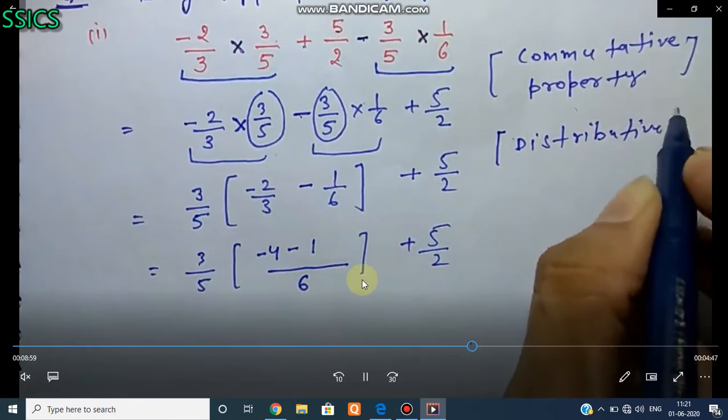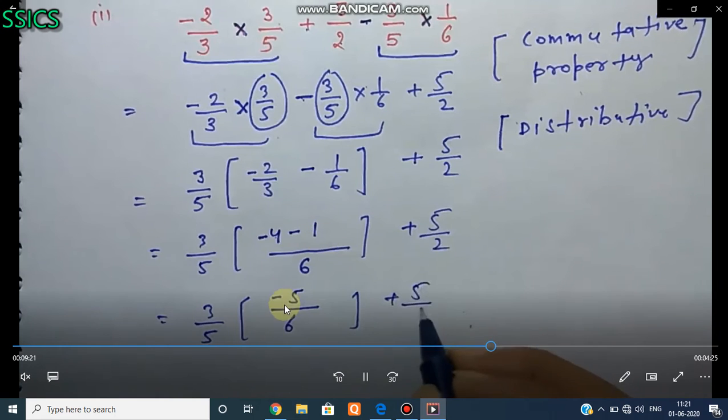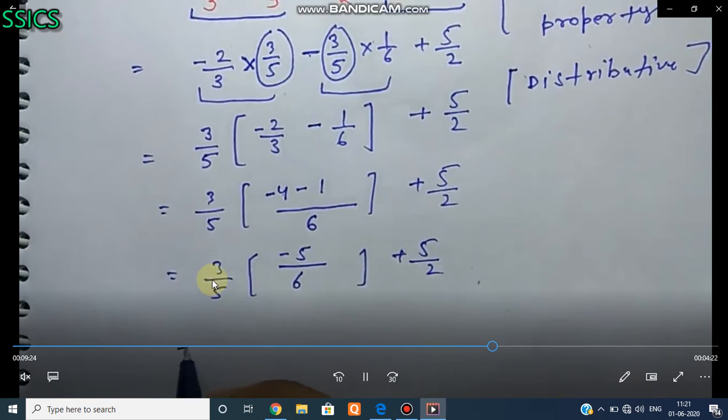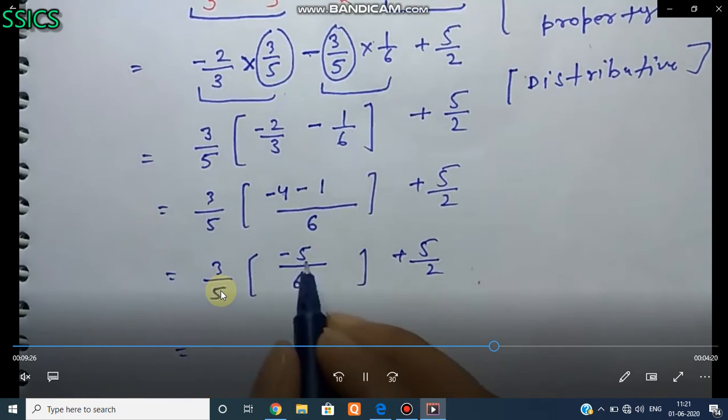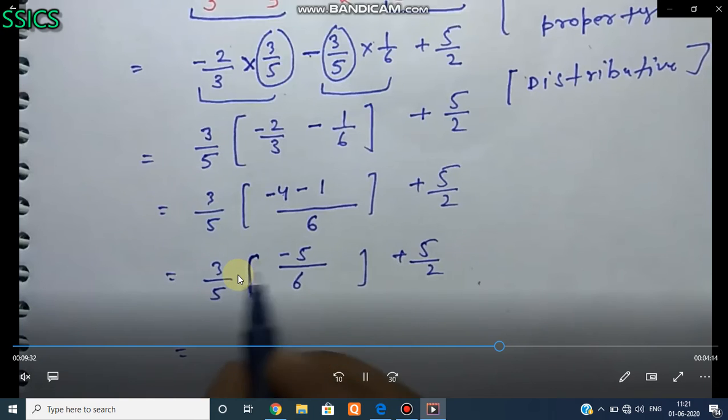Next we move to further simplification. -4 -1 is -5/6. The 3/5 outside has no sign, which means multiplication. Between the bracket and this term there is a multiplication sign, so we have to multiply here.